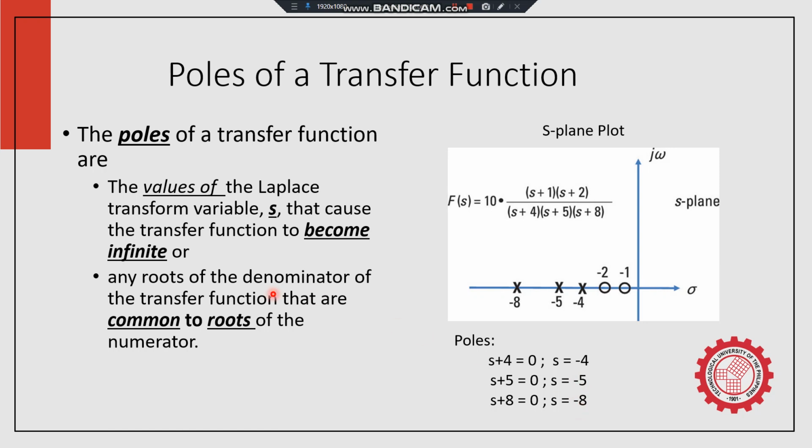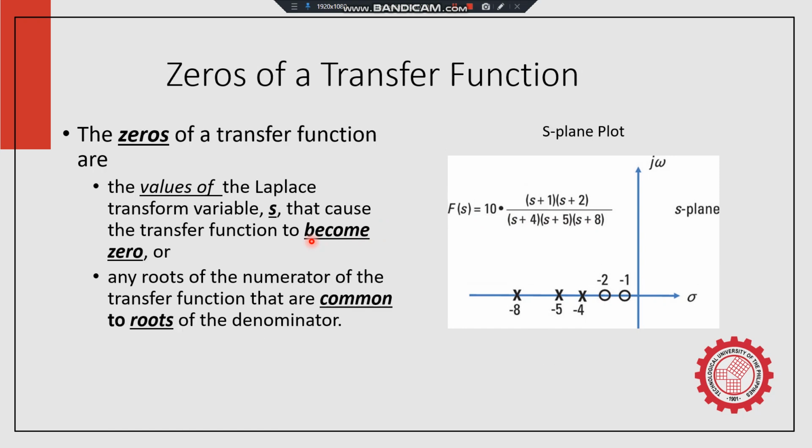Take note, by the way, that these are the roots of the denominator. As we know in our transfer function, we have a polynomial in the numerator and a polynomial in the denominator, and we take the roots of the polynomial. So the poles are the roots of the polynomial that make the function infinite.